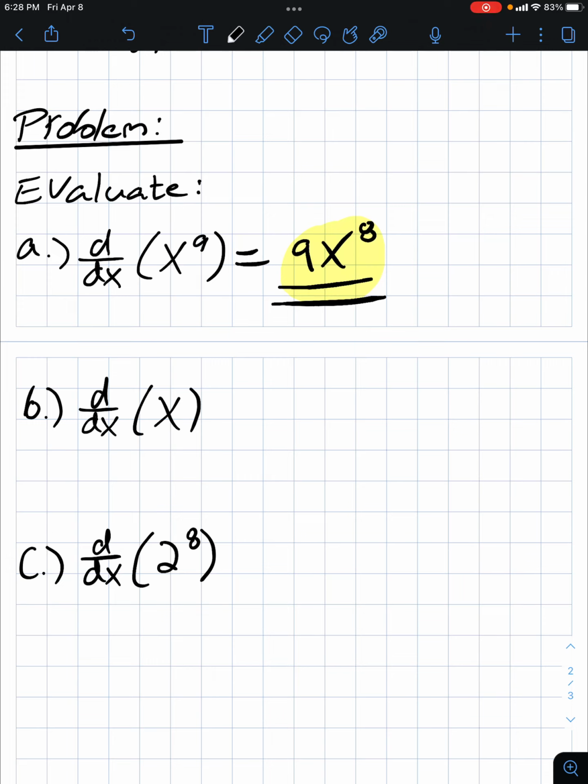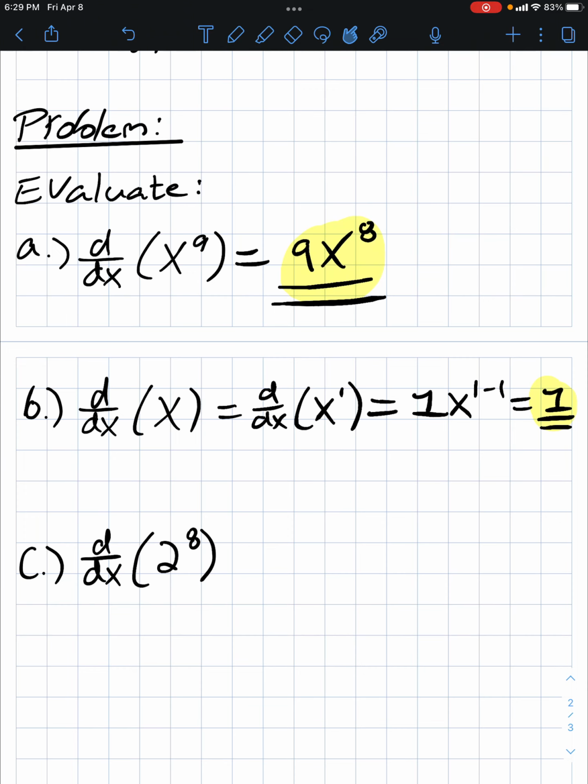So this is equal to d/dx of x to the 1, which is going to be equal to n, or 1, times x to the 1 minus 1, or x to the 0, which is going to be equal to 1. So we get 1 as our solution. And that is the answer for part B.